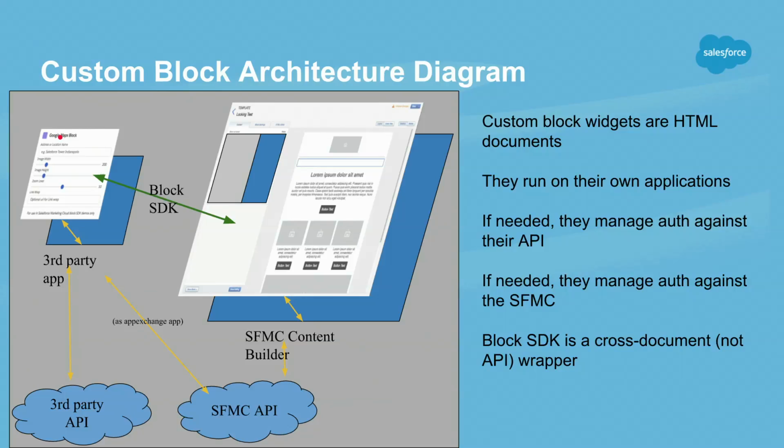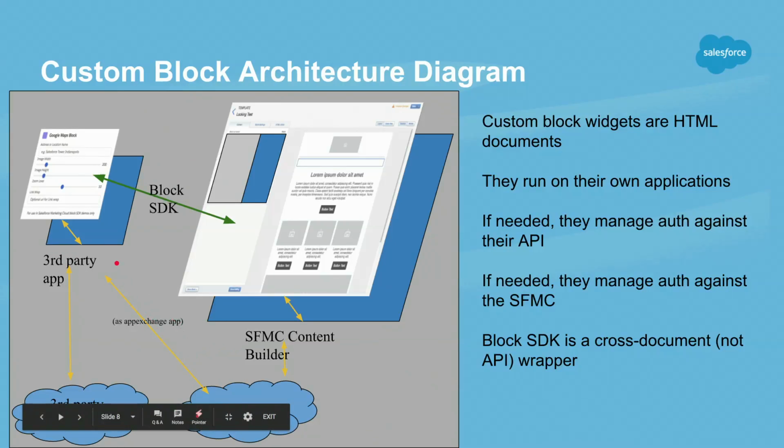The Block widget is built by third parties, partners, customers, etc., and is hosted separately. It's hosted on its own app, and it can make its own API calls to a third-party API. But also, if that app hosting the Block widget is a Marketing Cloud App Exchange app, it could also make API calls to the Marketing Cloud.